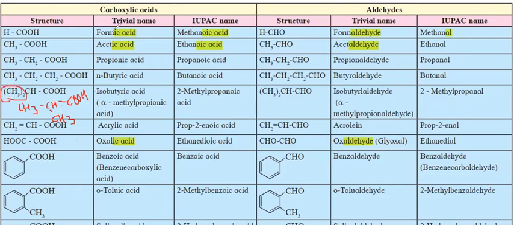Now in our regular numbering system, first this, then this is second, and this is third. Due to 3 carbon atoms, it is a propanoic acid. But the second carbon contains a CH3 group, therefore it is called 2-methyl propanoic acid.